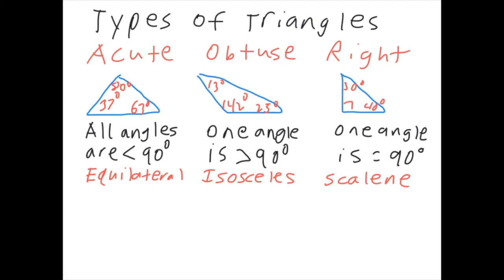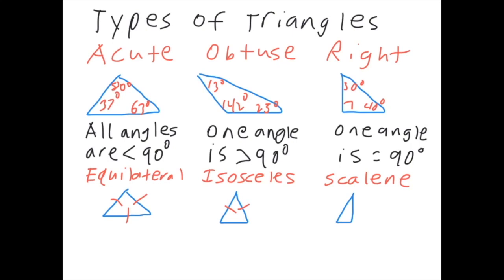So the next three types of triangles we're going to talk about are equilateral triangles, isosceles triangles, and scalene triangles. So an equilateral triangle is a triangle that has all equal sides. So notice that I put marks here, here, and here. That's to mark that each of these sides are equal to each other.